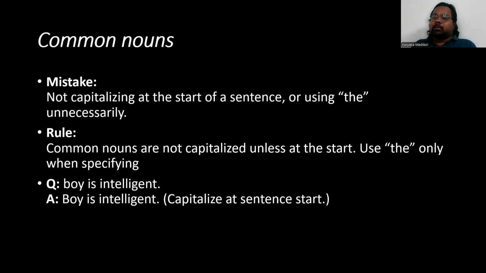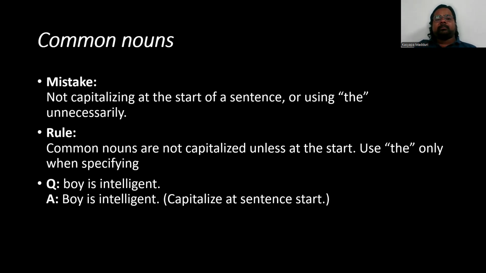You should say "the boy is really intelligent" because you're specifically speaking about Rahul and you're replacing Rahul with "boy". So there you will get "the boy". The boy is very intelligent. Okay, got it? You need to use "the" when you're trying to specify something. But when you don't specify anything, you can just use the noun as it is.